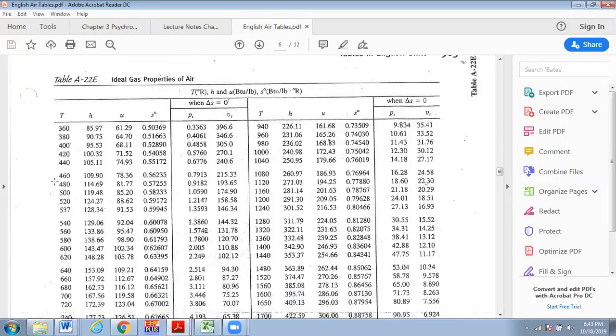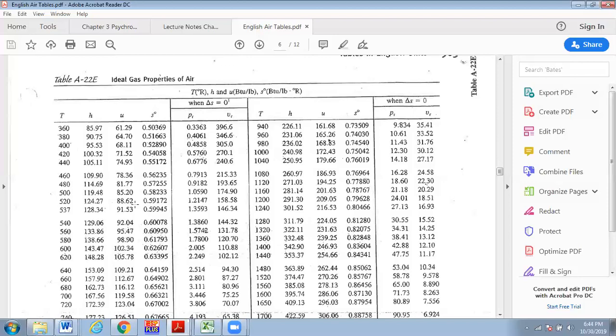If you look here at 460, we get an enthalpy of 109.9 BTUs per pound. So this table has a zero reference at absolute zero. The psych chart and this equation for enthalpy have a zero reference at 0 Fahrenheit. So long as you stay within the equation and the psych chart, that's fine. But if you try to mix in numbers off of this table, you have to adjust. Typically, you would adjust this number.